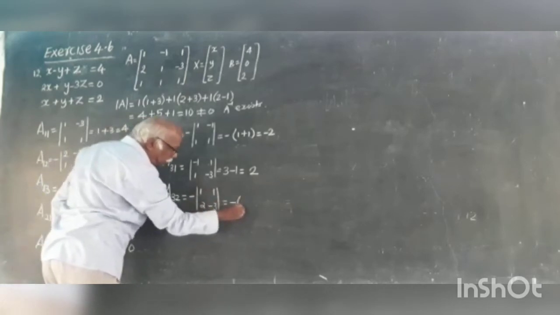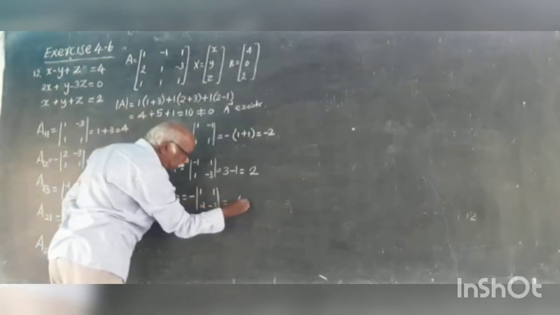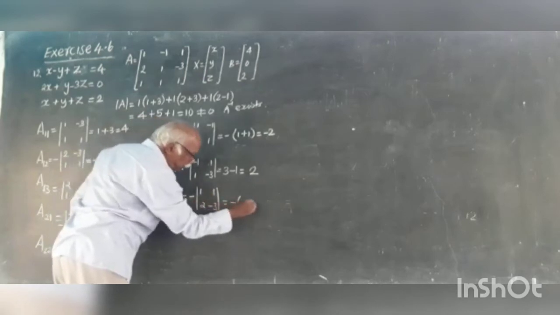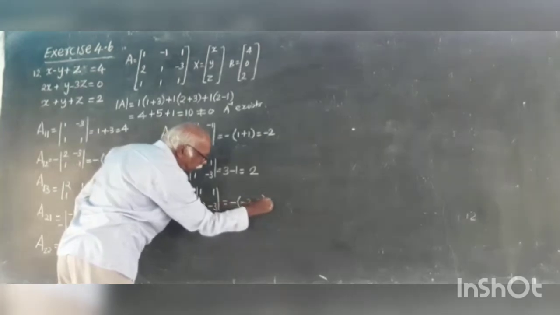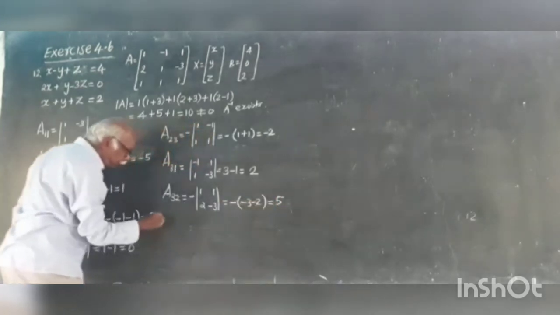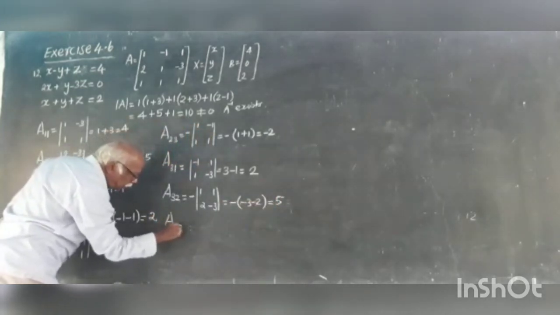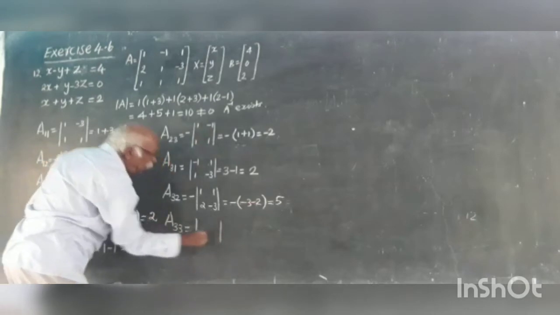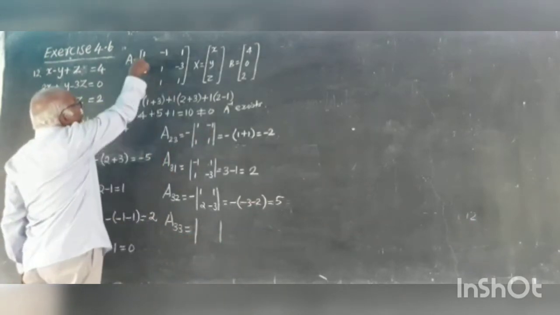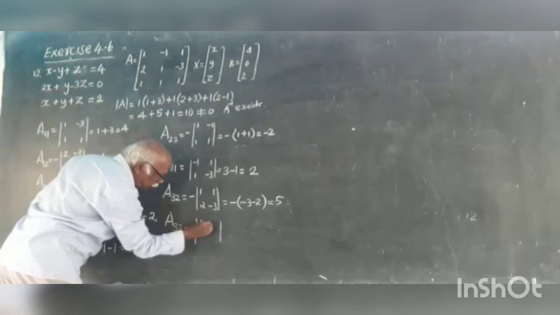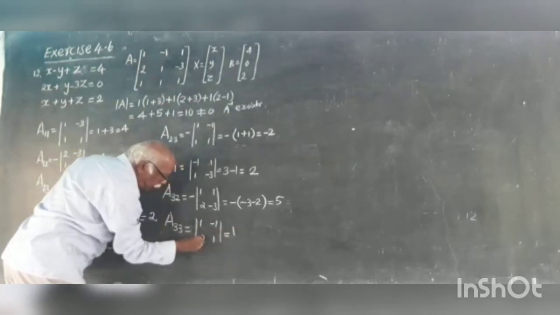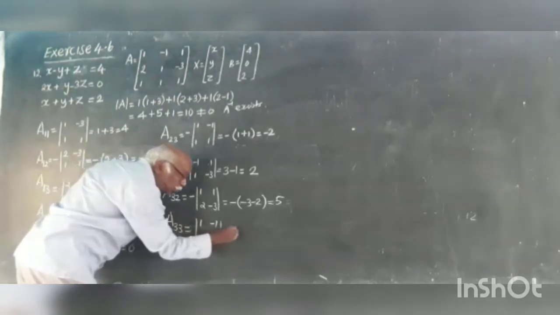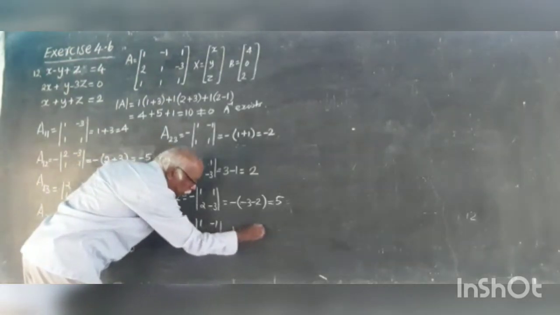Minus of 1 into minus 3 minus 3, 2 into 2, 1 into 2, 2 minus 2, minus 5, minus of minus 5, plus 5. Then A33: 1 minus 1, 2 1. 1 into 1, 1, 2 into 1, minus 2, minus of minus 2, plus 2, equal to 3.